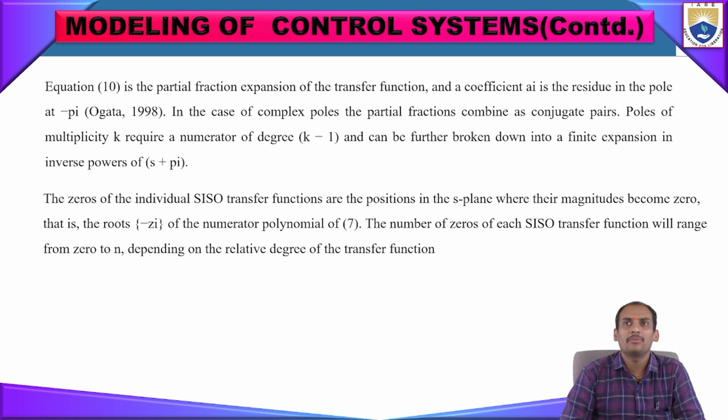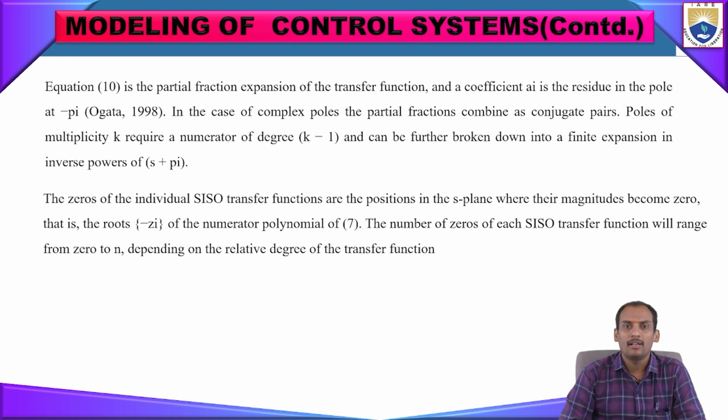The coefficient is the residue of the pole Pi. If it is an imaginary value, where complex variables are involved, it may appear with a minus, but if real values are there, we may get positive values also. In these complex poles, the partial fractions combine as conjugate pairs.